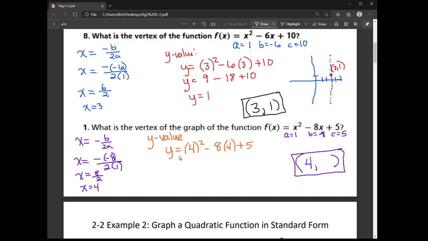Now I'm going to give you guys a heads up here. Both of these examples had a positive x value, but if you have a negative x value, make sure you're using the parentheses like I've done here, because negative 4 squared is 16. But if I don't use the parentheses, I have negative 4 squared, which is negative 16.